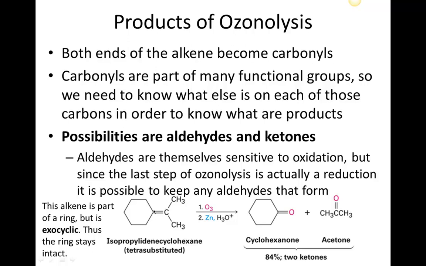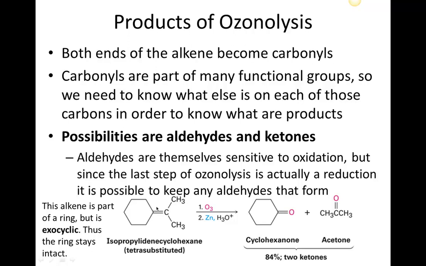This alkene is part of a ring, but the double bond is what's called exocyclic. It goes from a ring carbon to an external carbon. So this is not going to break open the ring. Remember, I started out saying that if it was inside of a ring, it would open the ring. If it's outside of the ring, it doesn't bother the ring. And these are all carbons attached to the double bond.